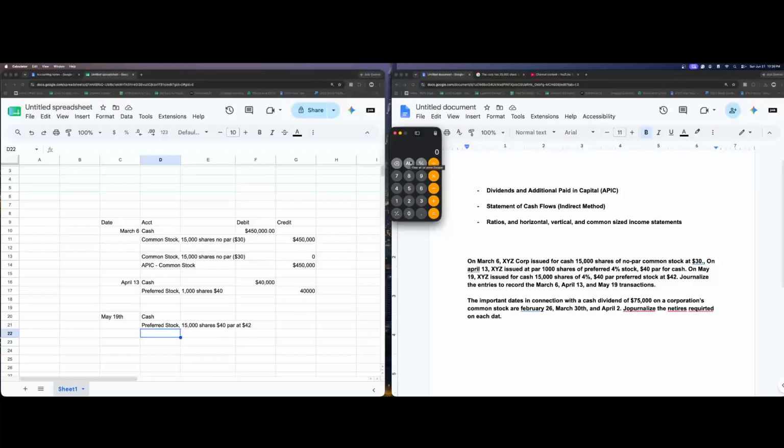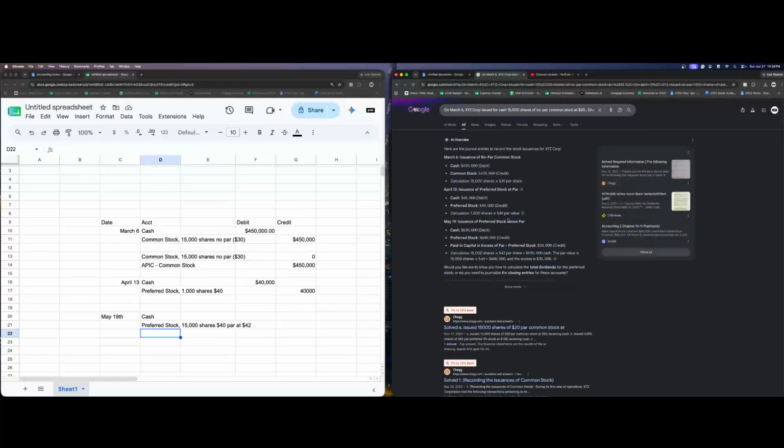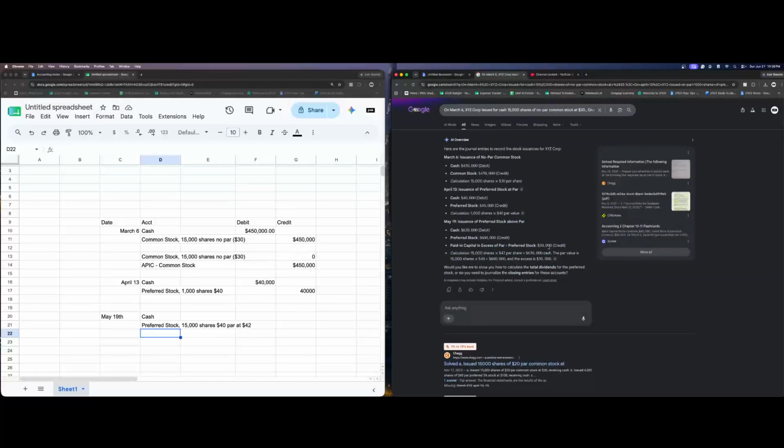Oh, they issued that. It wasn't paid in. Hold on. I don't think it's APIC for this. Oh, okay. It's actually paid-in capital in excess of par. Paid-in capital in excess of par.